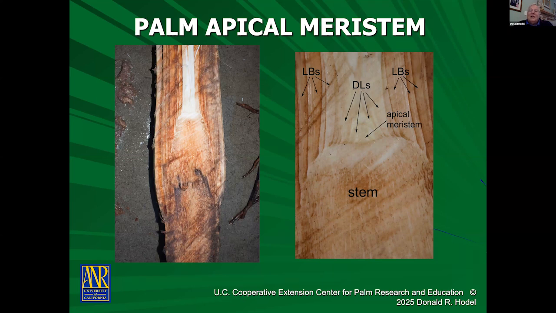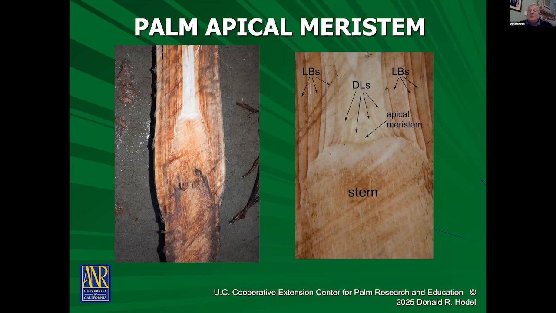And as you go inward toward the center, you see developing leaves, and the apical meristem is right there at the top of the stem. And that is responsible for all upward growth, production of leaves and inflorescences or flower clusters and fruit clusters, and for trunk diameter.